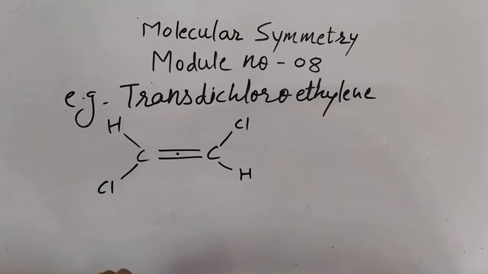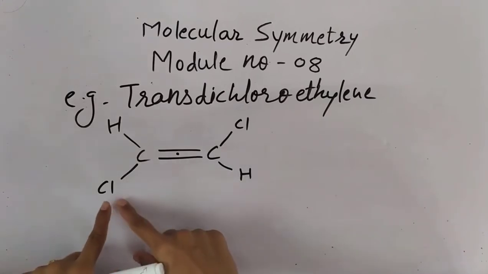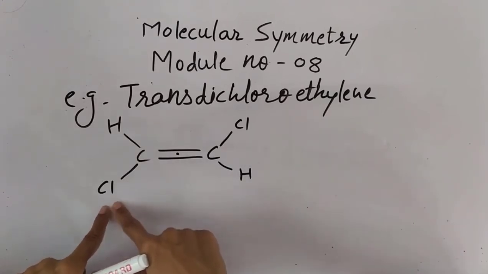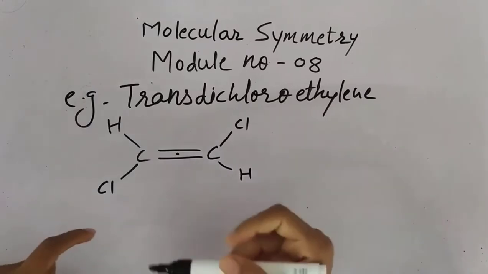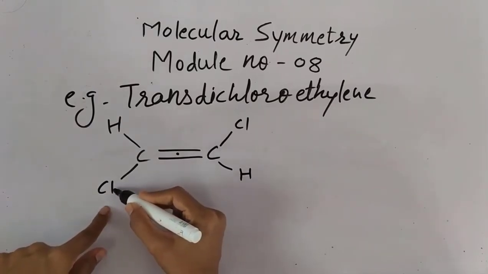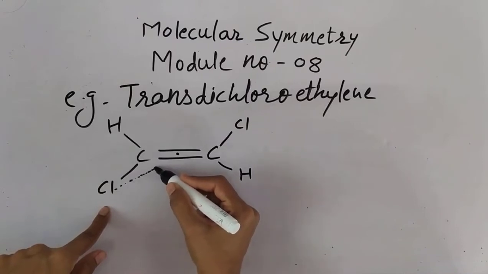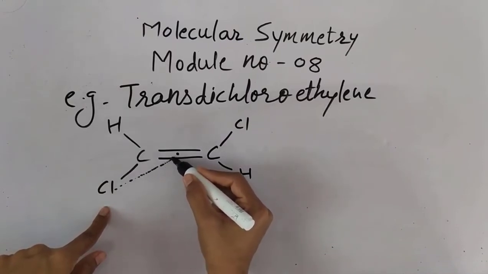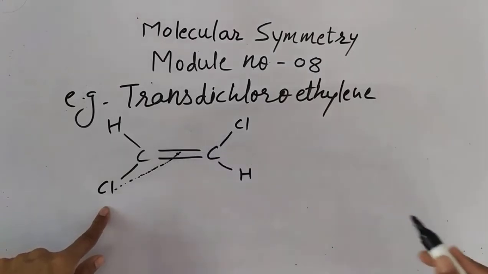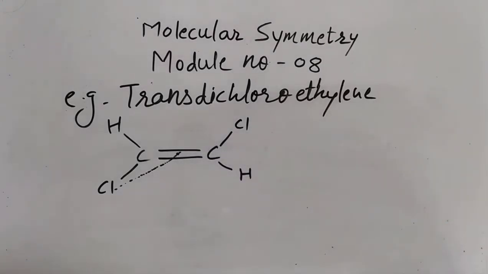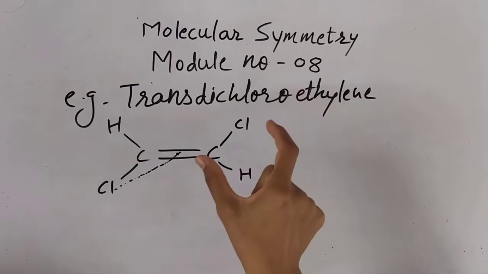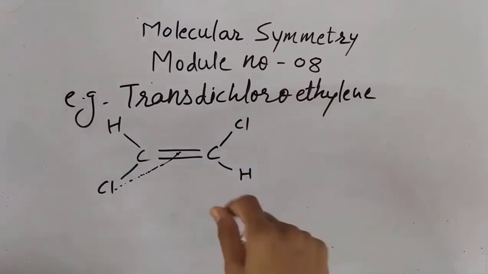What do you have to do? You have to draw a line starting from any atom. So I am choosing this atom and starting to draw a line. How do we have to draw the line? It should pass through the center of gravity of that molecule. And then we have to extend the line further. Further means equidistance but in the opposite direction.